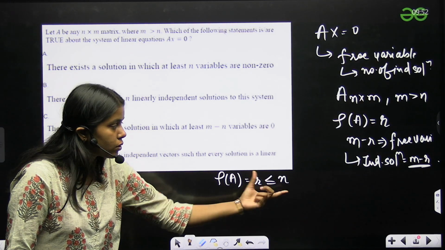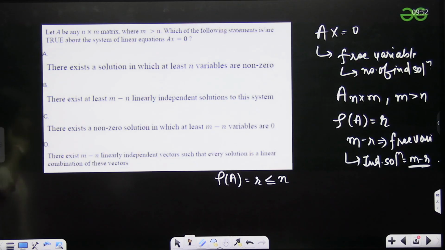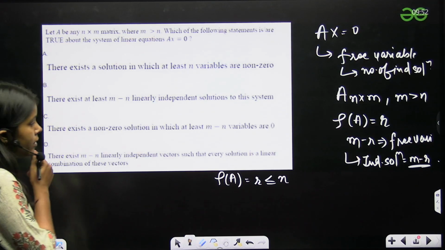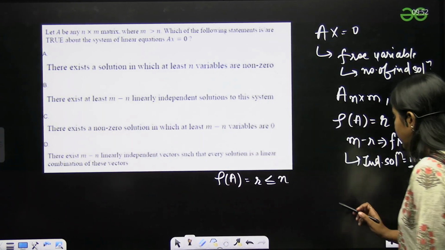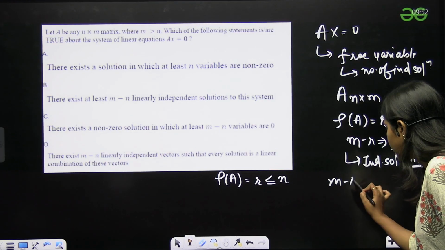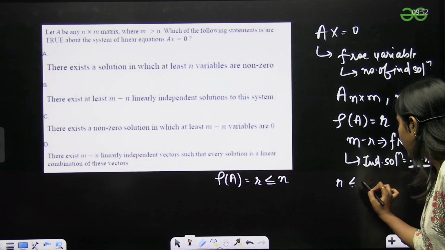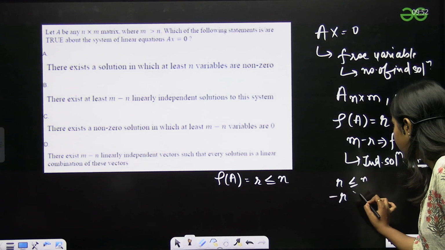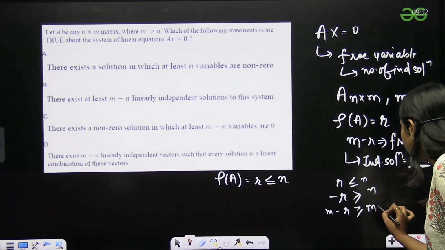So rank of A is always less than or equal to n, because I do not have the result in m minus n, I have a result in m minus r. So I am just converting it into m minus n. ठीक है, m minus r. So if I convert it, r is less than or equal to n. If I multiply it with a negative sign, negative r is greater than or equal to negative n. If I add m, m minus r is greater than or equal to m minus n.